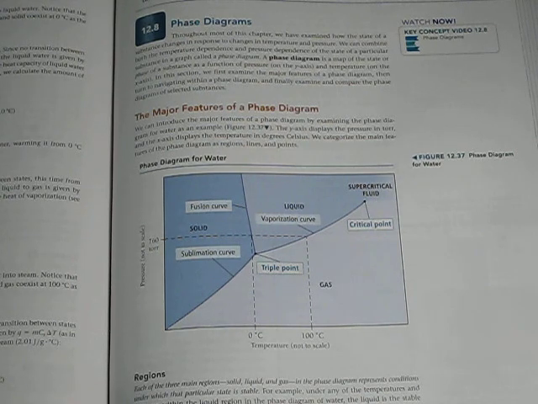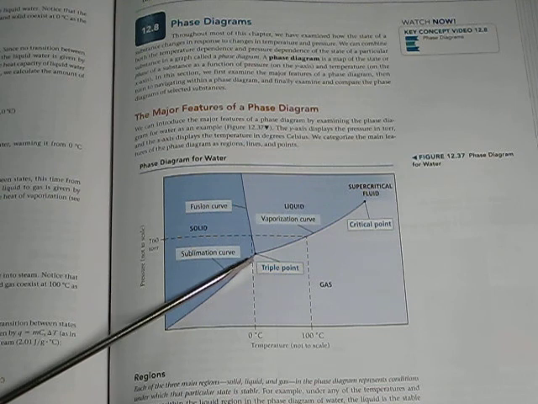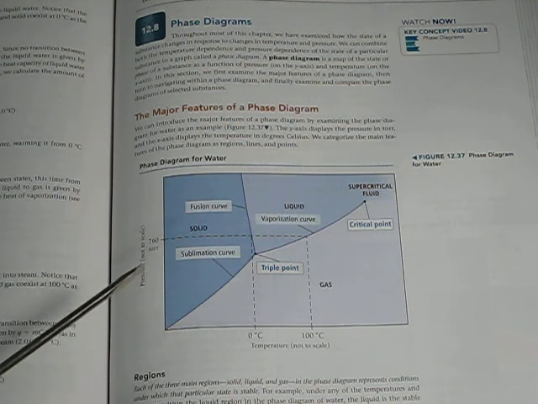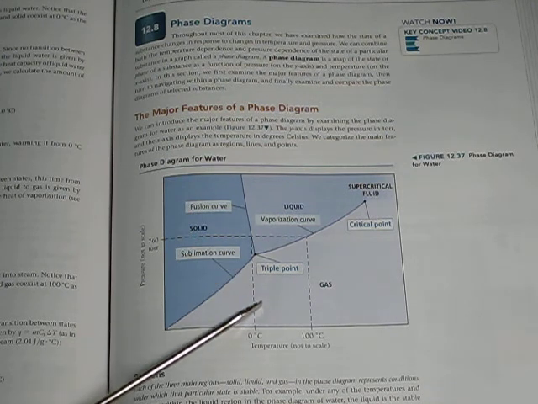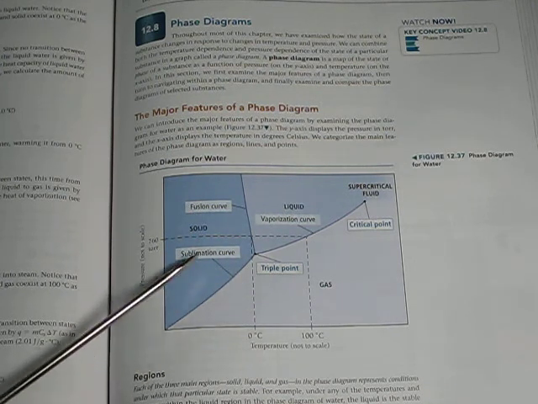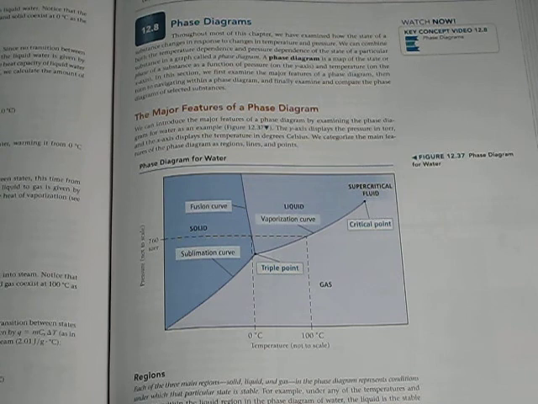And what's interesting is right down here we have what we call the triple point. So what's happening if we were at this exact temperature and this exact pressure for water? You'd be at the triple point, which means all processes are happening.